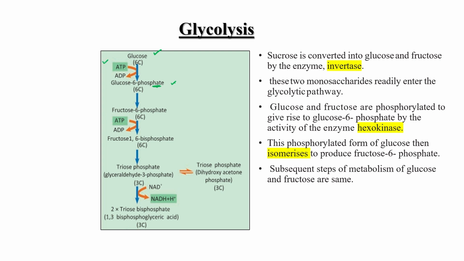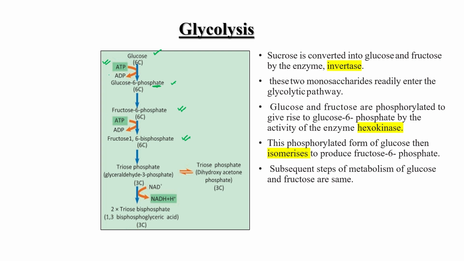From ATP. ATP gives its phosphate to glucose and is converted into ADP. So glucose to glucose 6-phosphate, and then glucose 6-phosphate to fructose 6-phosphate, and further fructose again utilizes one phosphate and then converts itself into fructose 1,6-bisphosphate.